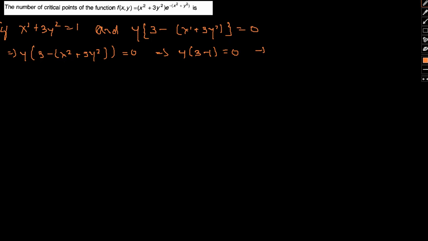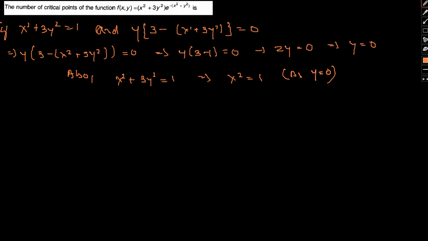So then y equal to 0. Also x squared plus 3y squared equal to 1 would simply imply x squared equal to 1, since y equal to 0. Therefore x equal to plus minus 1.